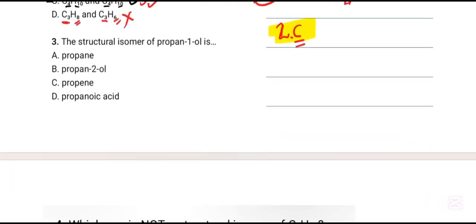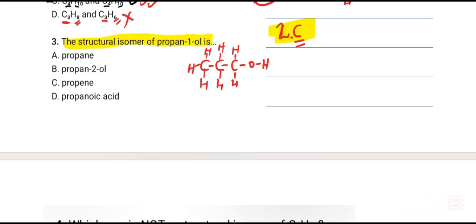Now they say the structural isomer of propan-1-ol. First of all, let's draw propane: carbon 1, 2, 3. On carbon number 1, there is a functional group. That is propan-1-ol. Then the question says structural isomer of propan-1-ol.